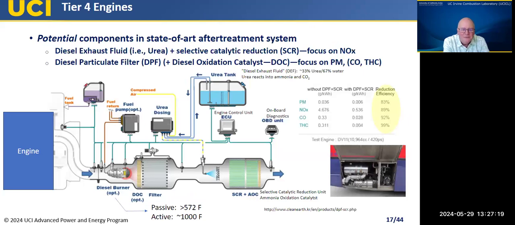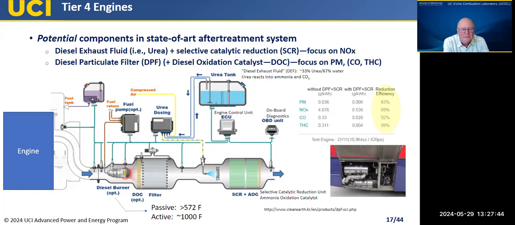And so there's a lot on here, but basically you see the engine block, and then after that comes the potential pieces that can be added on. Coming out of the engine, we flow into what's shown as an optional diesel burner. There's what's called a DOC, a diesel oxidation catalyst.